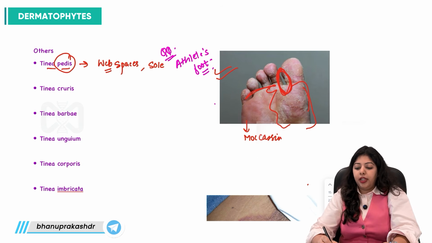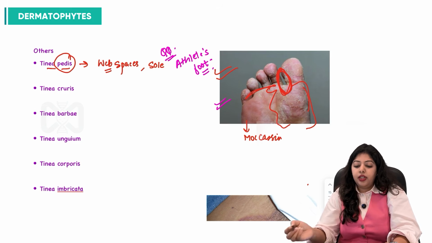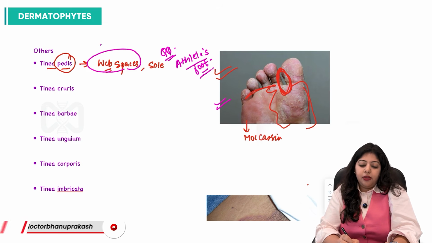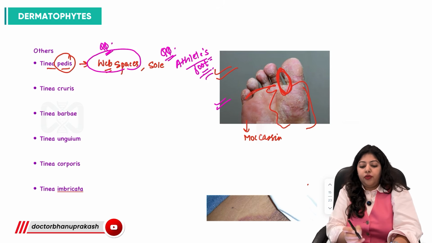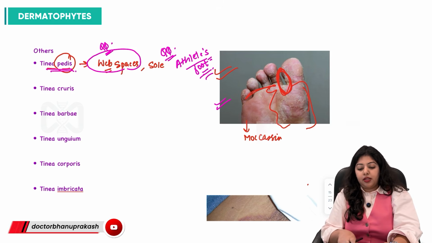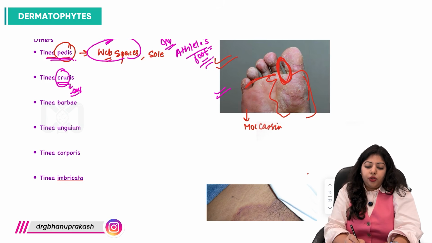A question with an image like this would be given. You would be given a specific history, and web spaces can be used as a buzzword for you. This is known as athlete's foot, and tinea pedis stands for the infection of the web spaces, right? Cruris stands for the calf area, but cruris specifically stands for groin.